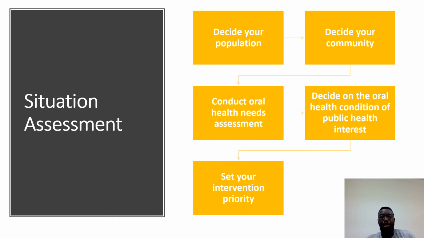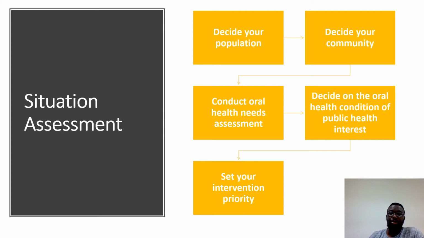At first, you do the oral health need assessment or general health need assessment, if that is not already done, because I've told you before, there are areas where routine data is collected on health from different communities. So if there is routine data available for your community, then you can use the already available data to make decisions, do analysis, and decide on what priority you will be working on. If that is not there, then you can do it from scratch to be able to get to know the population that you are dealing with.